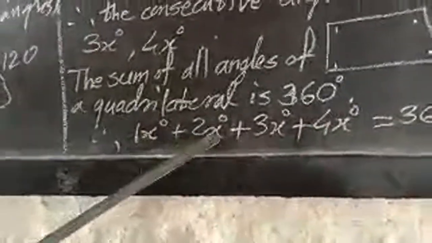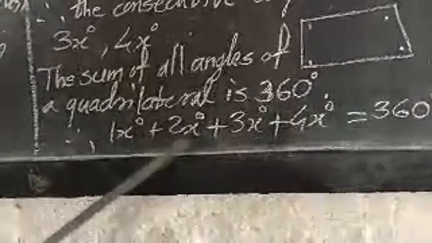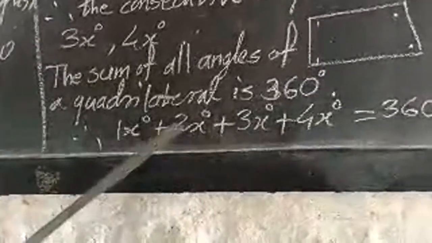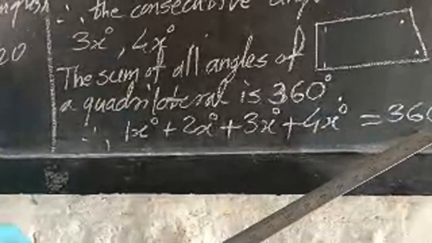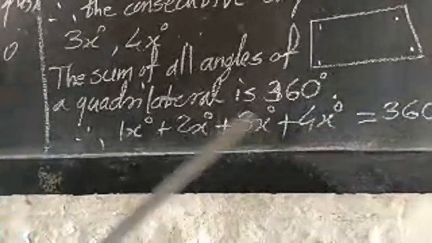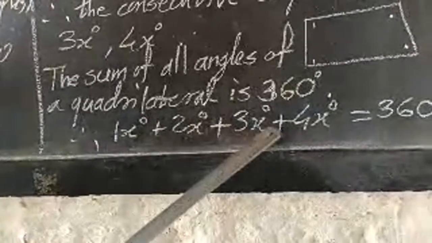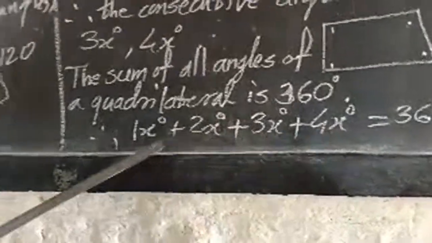The sum of measures of all angles. Sum means addition, and addition is 360 degree. Add these numbers.